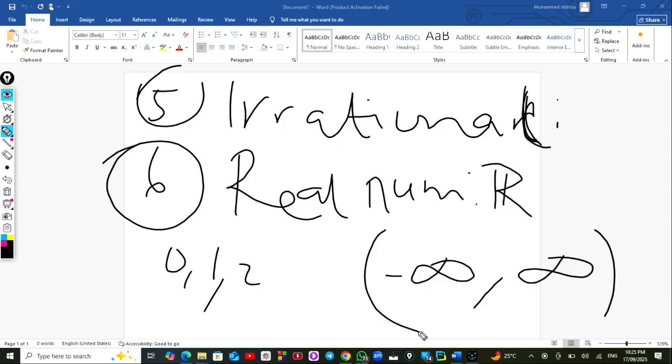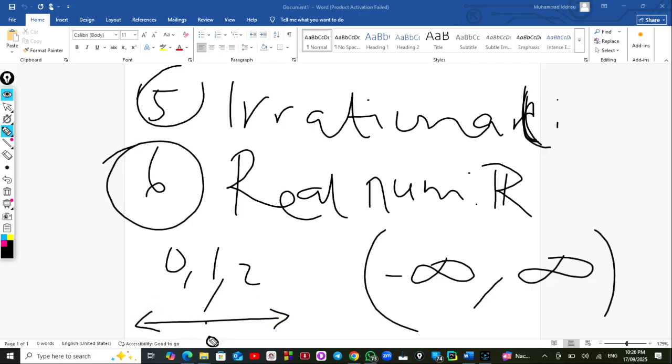Is that fine? So we have this as the set of real numbers. If you see negative infinity to infinity, it's just representing real numbers. So that's just the real number system. Okay, so if we are representing this in a graph, on a number line, you might be wondering how it will be. We have our 0 at the center, from negative infinity to infinity.